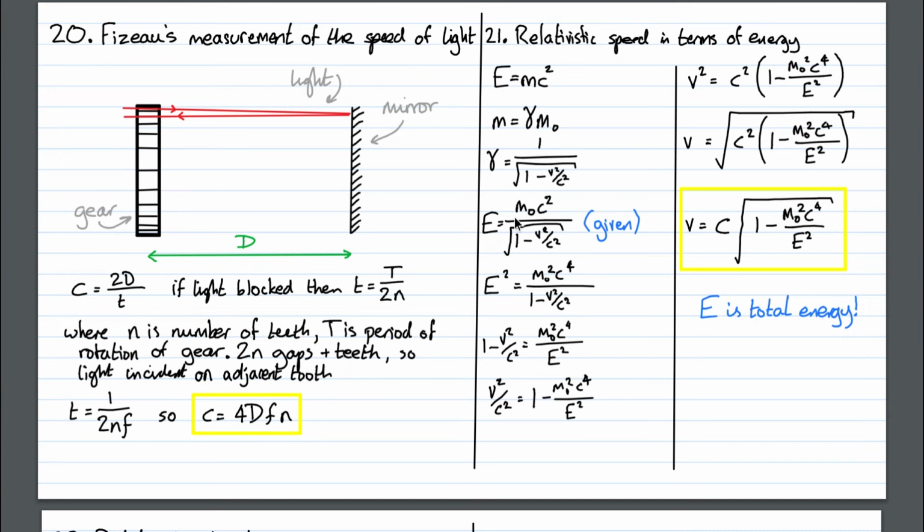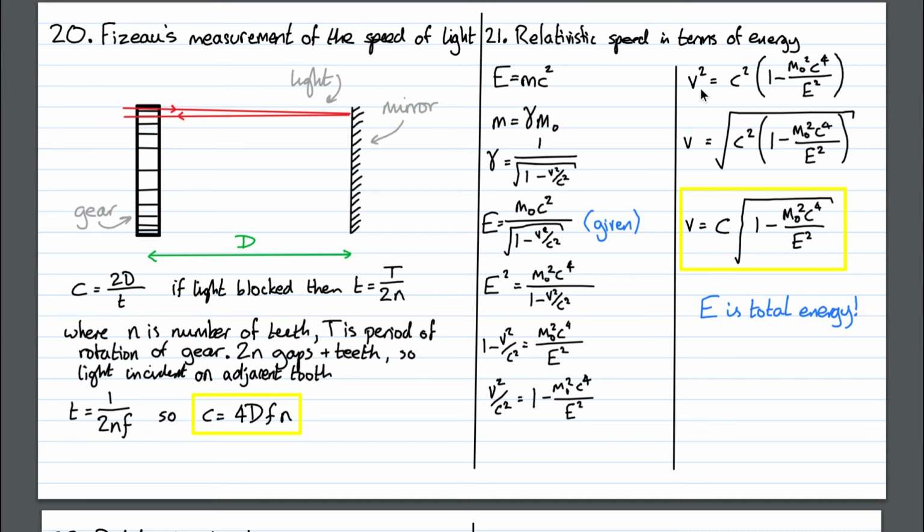Squaring the lot, E squared equals m naught squared c to the 4 over 1 minus v squared over c squared, then multiplying through by 1 minus v squared over c squared and dividing through by E squared gives you this expression. Then adding v squared over c squared to both sides and subtracting m naught squared c to the 4 over E squared, you get this expression here.